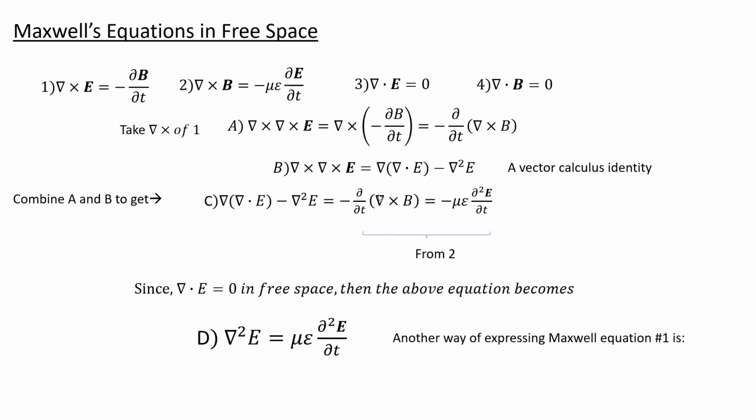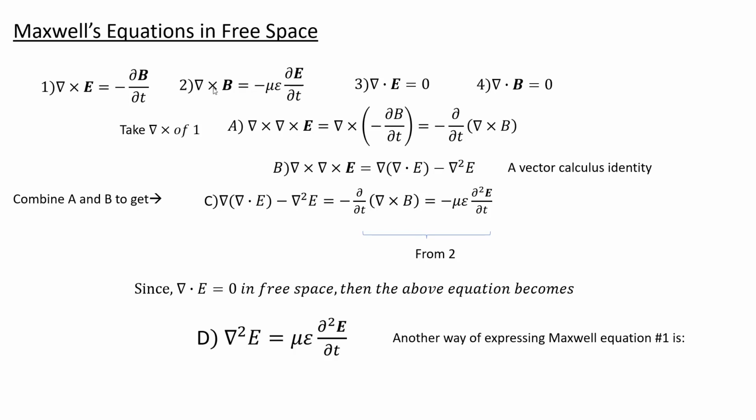Now, what I'm going to do here is substitute the derivative of del cross B with respect to time. I'm going to substitute for that this expression here. Now, how am I going to get away with doing that? Well, you can see from equation 2 that del cross B is equal to the first derivative of E with respect to t.